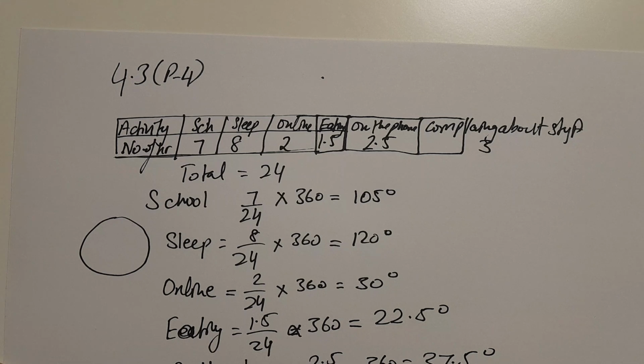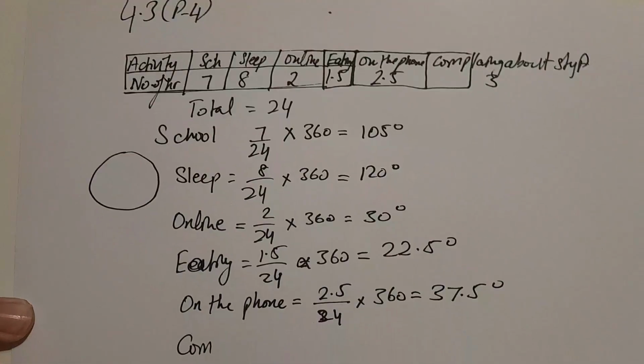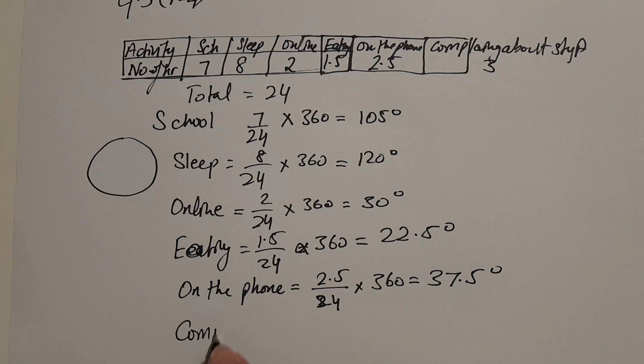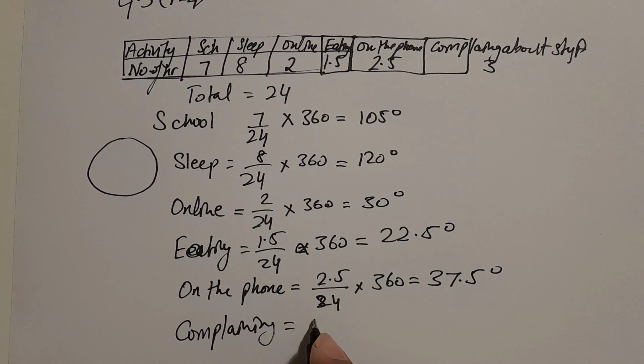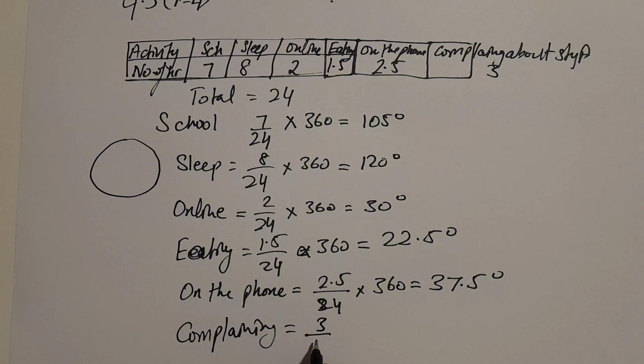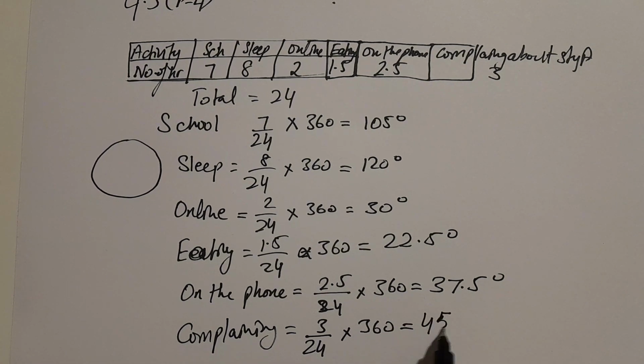And the last is complaining, and that is 3 hours. So 3 divided by 24 multiplied by 360, that is 45 degrees.